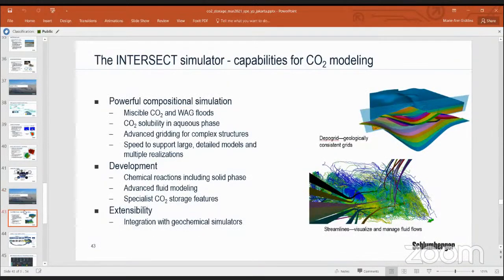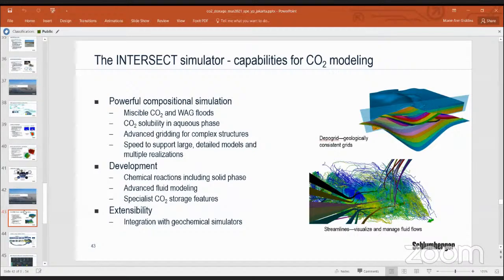So first of all, I think everyone has now heard of the Intersect simulator and knows that it's very powerful for compositional simulation and for advanced gridding for complex structures, fine detail, for heterogeneous models, and it's already able to model miscible CO2 injection, WAG floods, the effects of CO2 solubility in the aqueous phase. So it has a lot of the building blocks for modelling CO2.